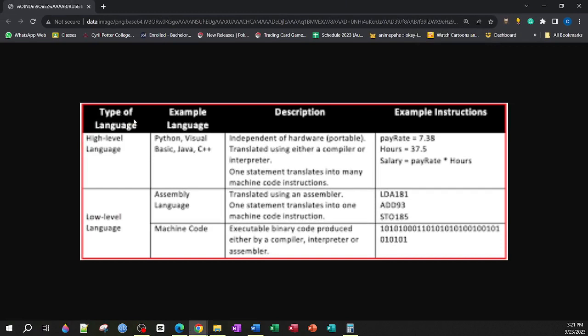I hope you guys can see that. See the image? Yes, sir. All right. So there are different levels of programming languages. Let's see if we can find a clear image.